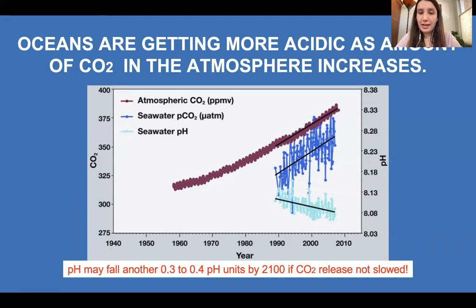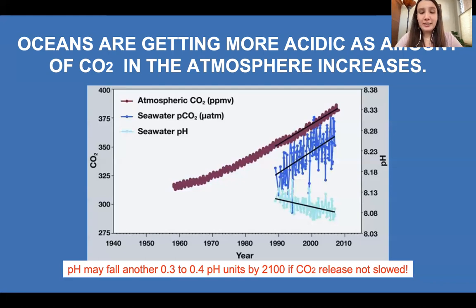On the right vertical axis, you have pH, and you can see that as atmospheric CO2 levels have risen, so has the amount of CO2 sequestered in the ocean in dark blue, and gradually the pH of the ocean has started to decline, shown in light blue.